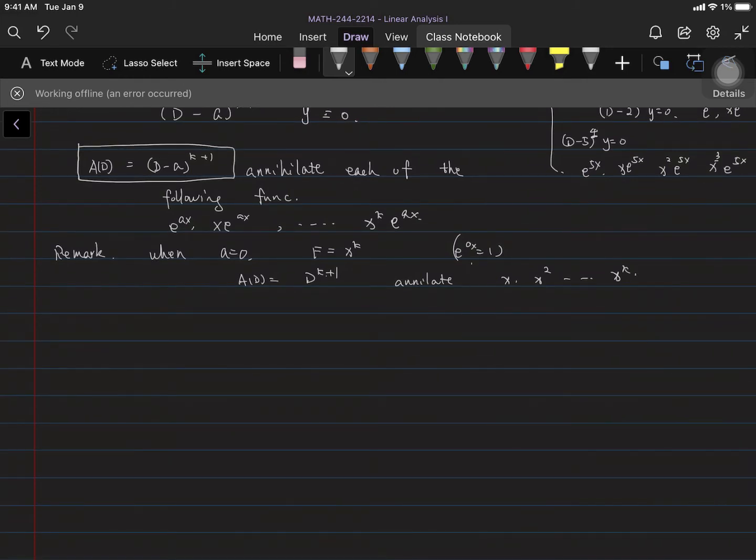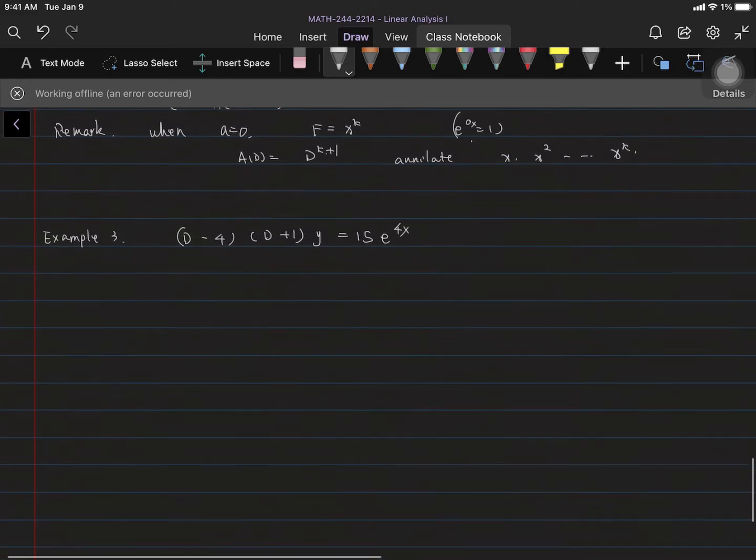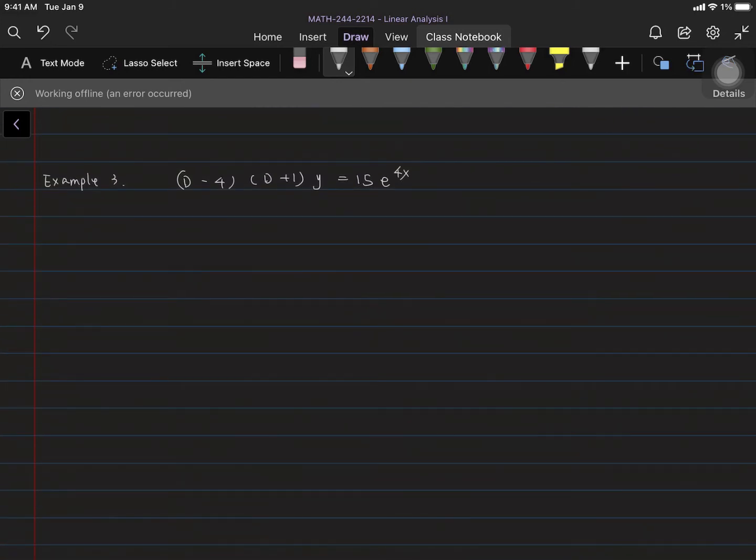Let's take a look at this example. Find the general solution to this one. Actually, we did this in the first example already, but let's do this again. Okay, similar. So, what is the first step?